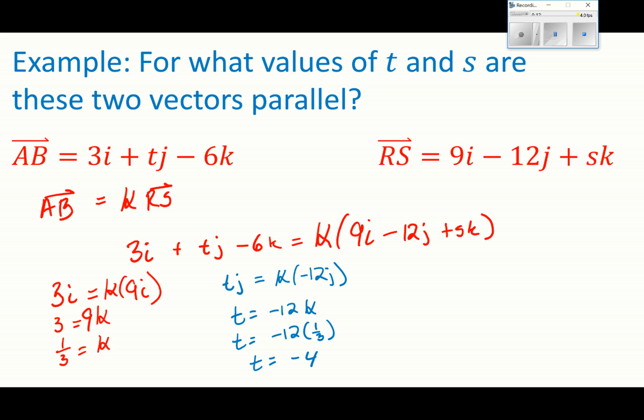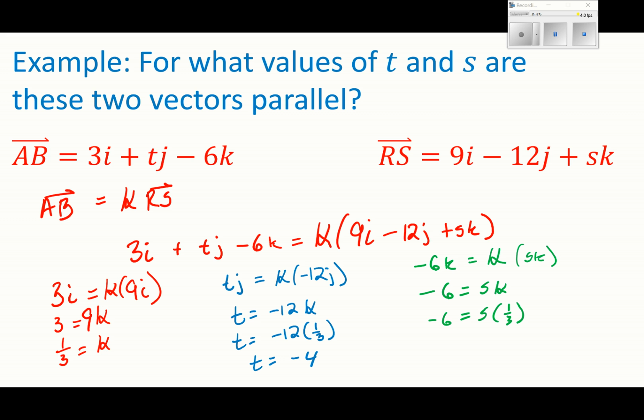And again, lastly, we can solve for the s. So negative 6k is going to be equal to my cursive k times sk. So again, this is where all those k's can get confusing. Negative 6 is equal to s times my cursive k, but I know my cursive k is 1/3.